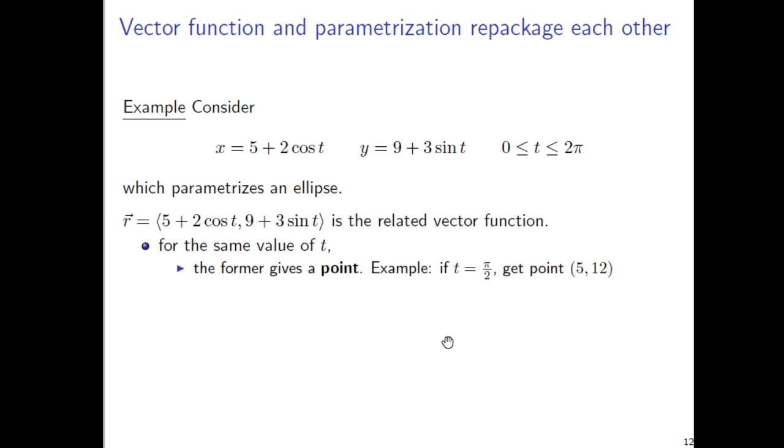The whole point is that for the same value of t, the parameterization up here at the top will give you a point. For instance, if you use pi over 2, you ought to get the point (5, 12), and the latter gives you a vector. So if you plug in the input pi over 2 into the vector function, you ought to get the vector 5, 12.